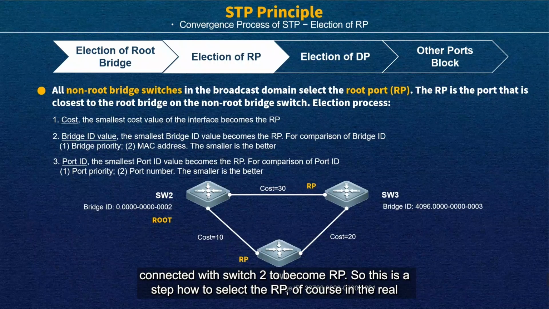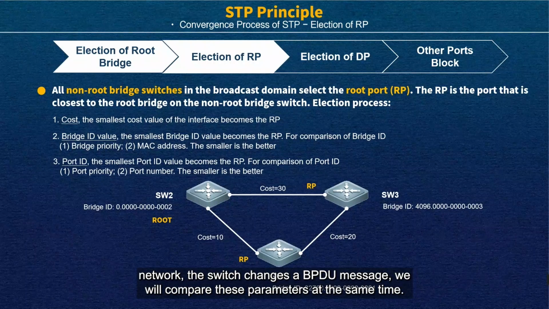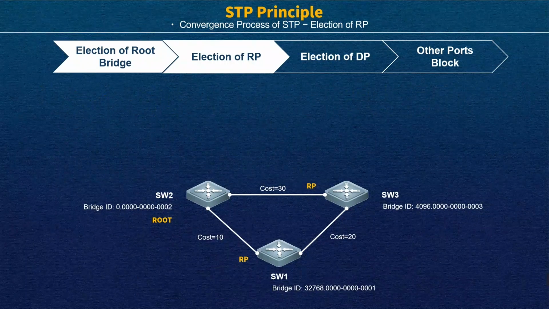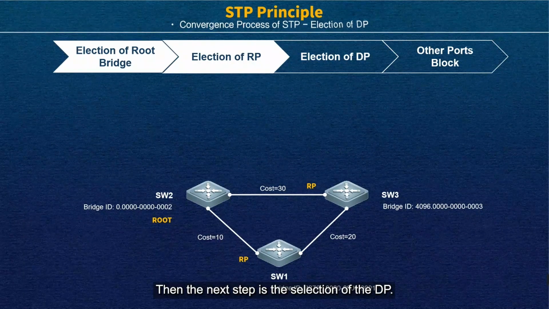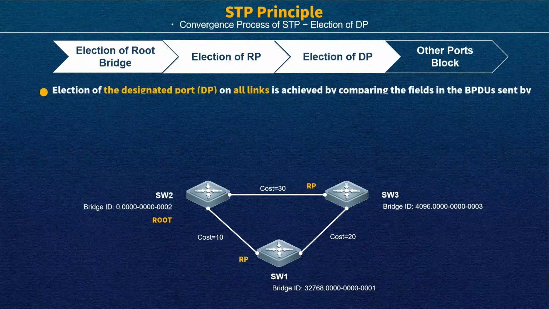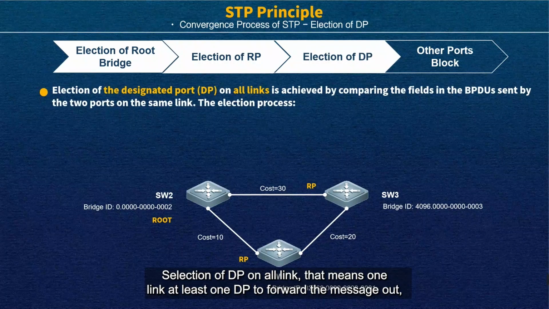Of course, in the real network, the switches communicate by exchanging BPDU messages. We will compare these parameters at the same time. Then the next step is to select the DP. Select DP on all links.